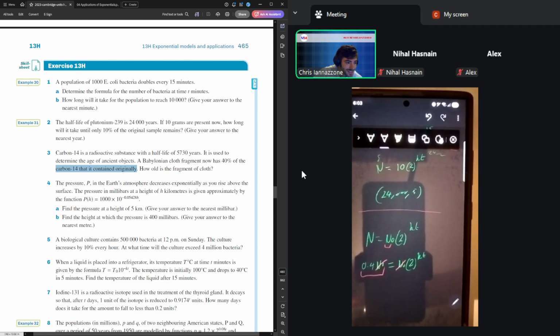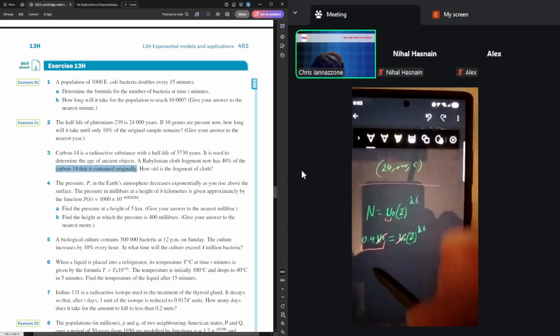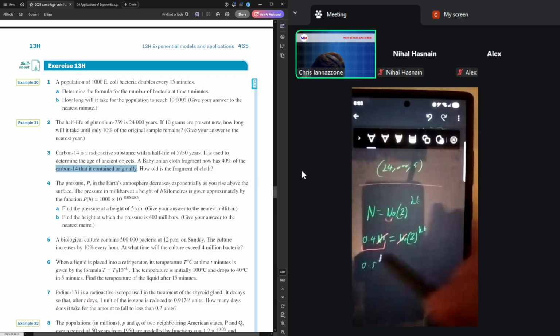We're actually initially supposed to be applying this to the half-life equation. Half-life of 5,730 years. Half-life is the exact same idea, but with the coefficient of 0.5, because it's half of the value.